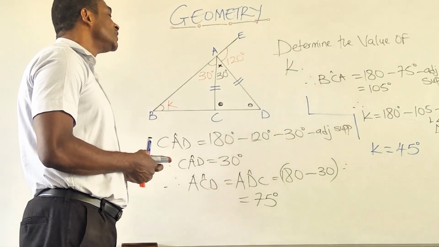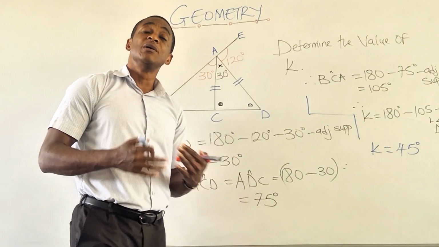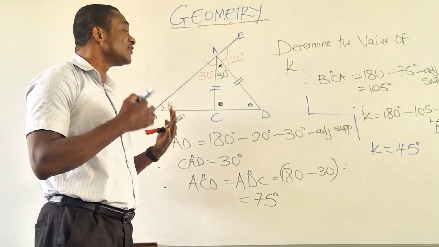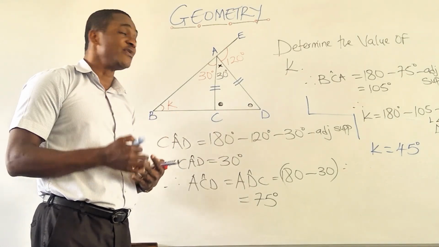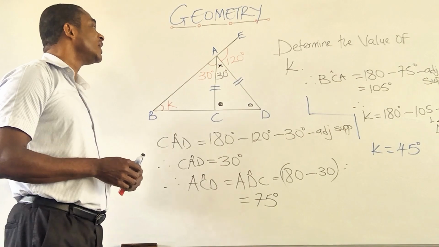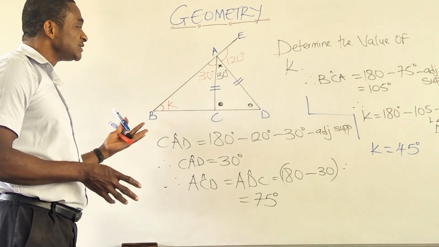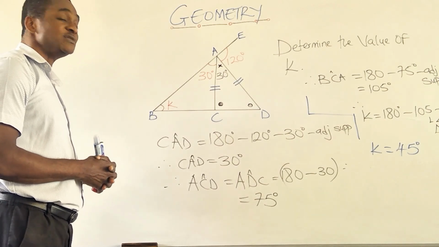So our K is 45 degrees. This is the process involved. Please remember, for you to go through geometry properly, you have to give a reason for every step you take. And this is the approach that makes this valid.